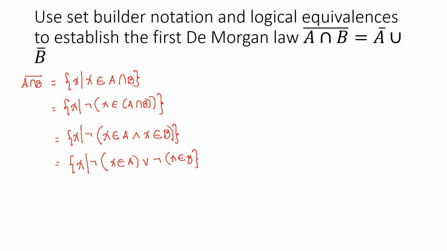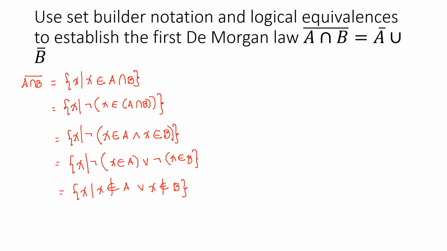If that is the case, then we could also have a set of X such that X is not an element of A, or X is not an element of B. This is actually the definition of the does not belong symbol.